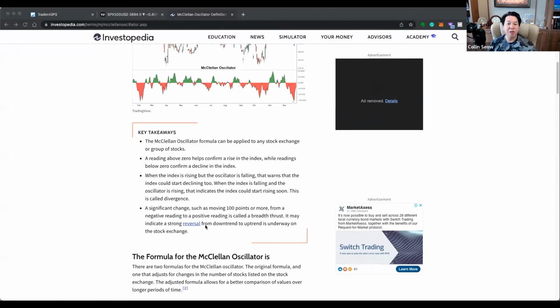It may indicate a strong reversal from a downward trend to an upward trend in the underlying. So what it means is if it goes from minus 100 to 100 and then reverses above 100, then it is a strong indication of a reversal. This is what it says.